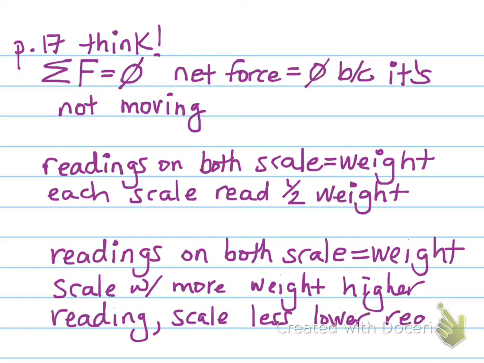So again, maybe I have like 80% of my weight on one leg and 20% on the other, and I weigh 100 pounds, then one scale would read 80 pounds and the other scale would read 20 pounds. They're still adding up to the weight of the person.